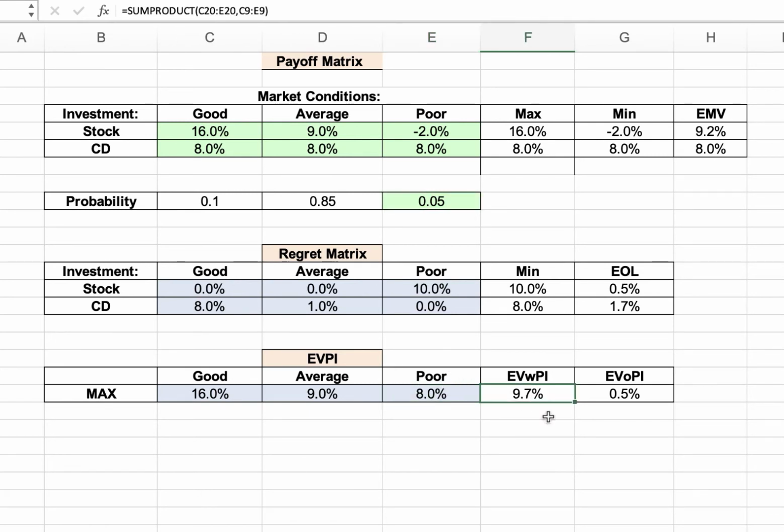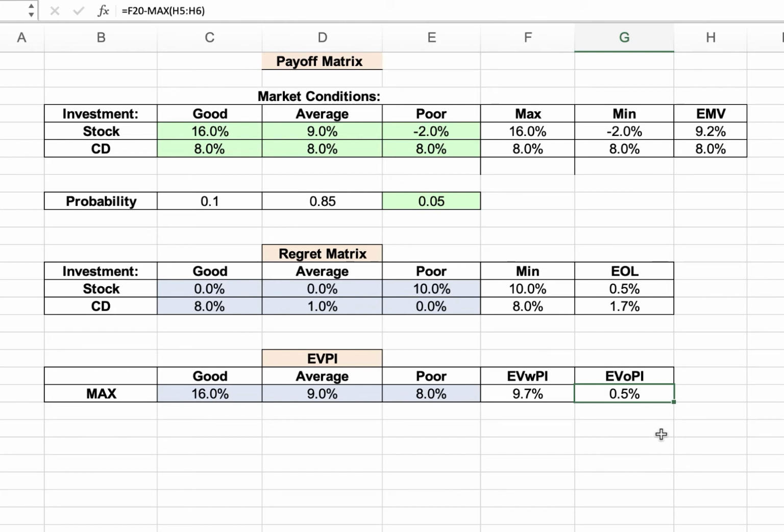So the maximum that we could get if we're perfect, always in the right investment at the right time, according to our model, is 9.7%. But without being perfect, just using the average, we get an expected monetary value of 9.2%. The difference between them, 0.5%, is what we call the EVPI.